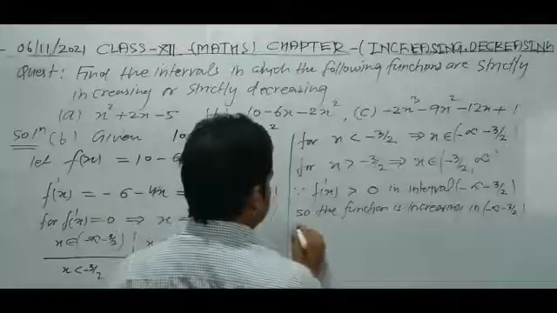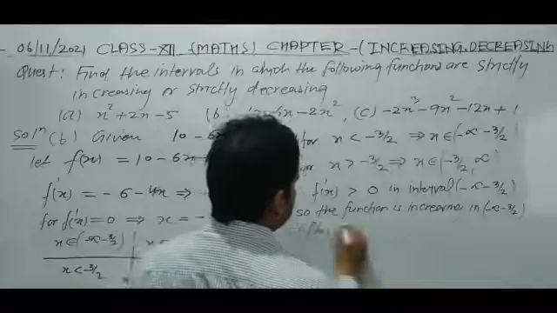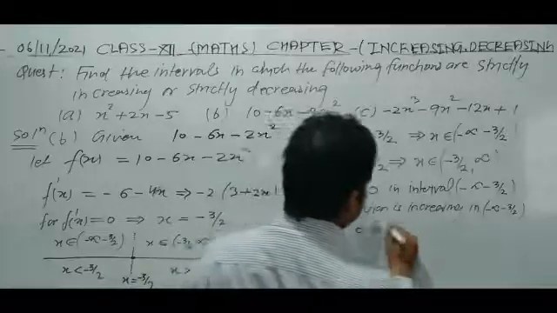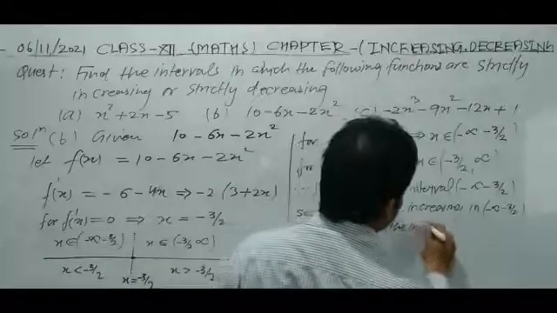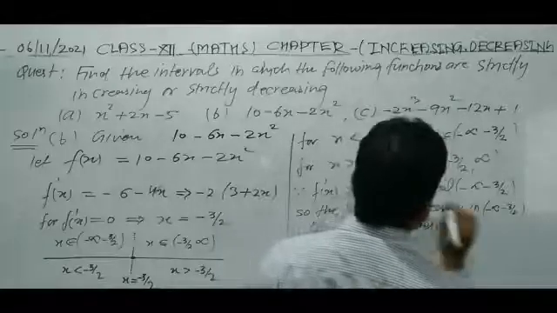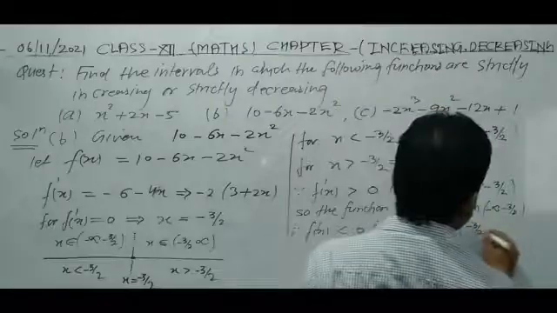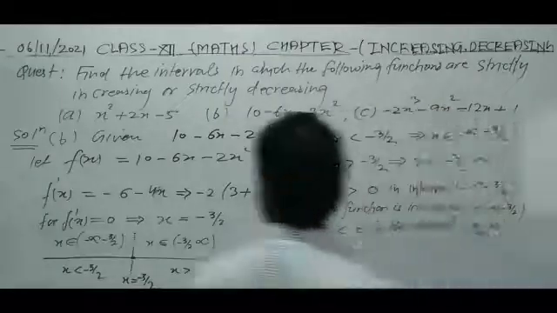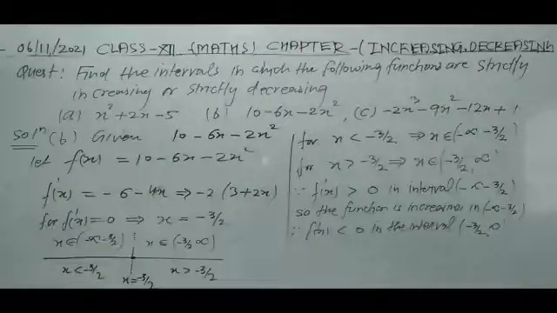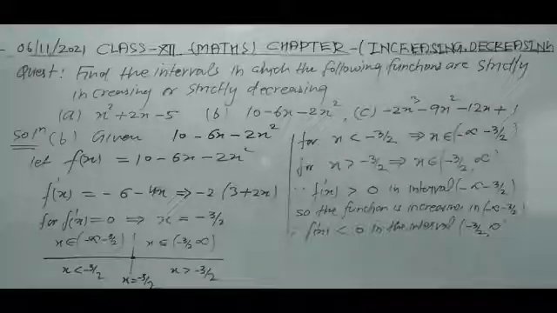And again, since f dash x is less than 0 in the interval minus 3 by 2 to infinity, the function is decreasing in this interval.